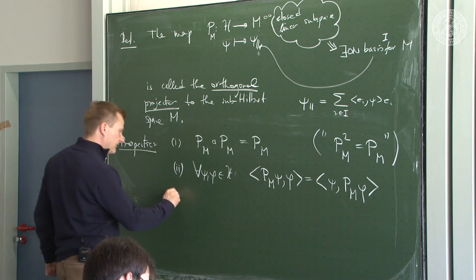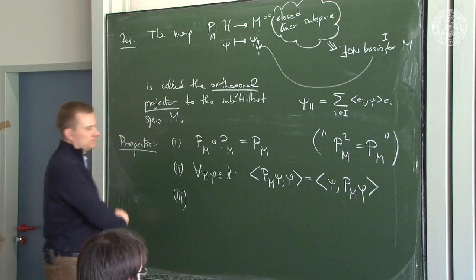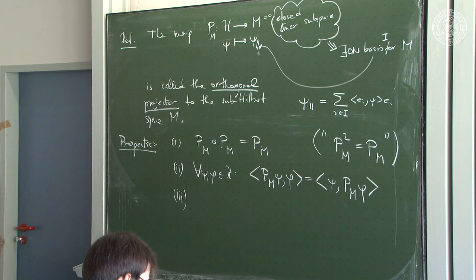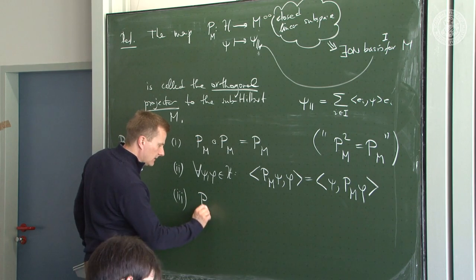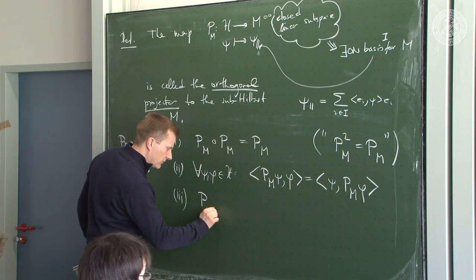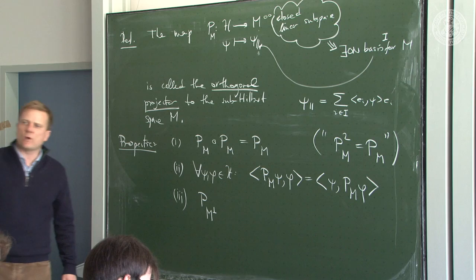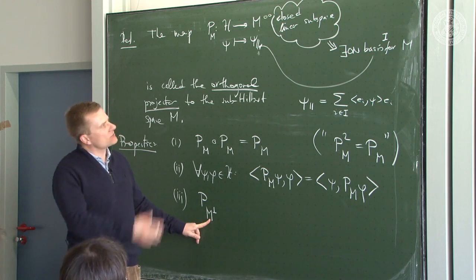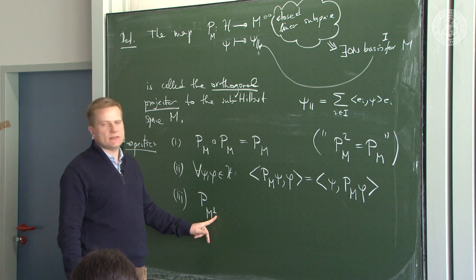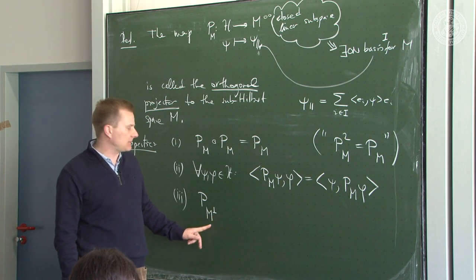All this follows from the definition. And the third property of this guy is that if you take the P not of M, but of its orthogonal complement, why may we do that? Well, because if M is a linear subspace, which it certainly is, then the complement is a linear subspace, a closed linear subspace.